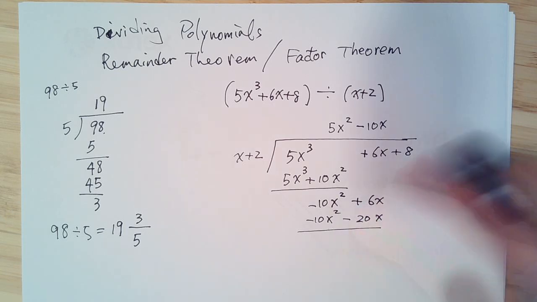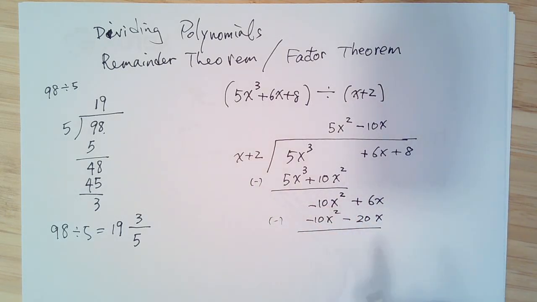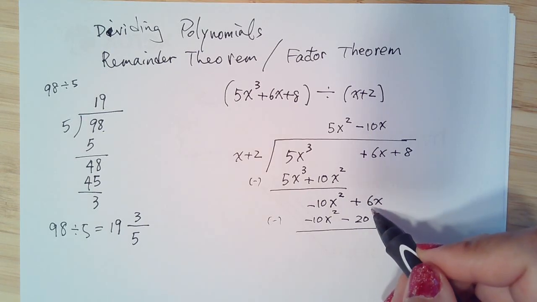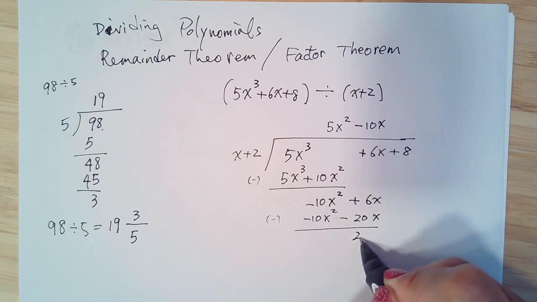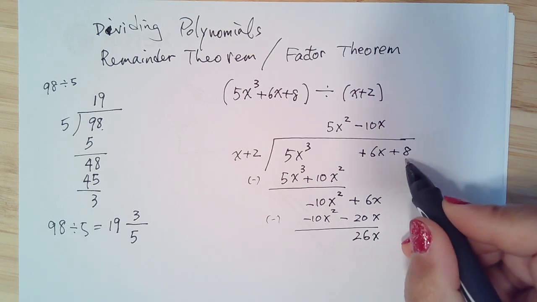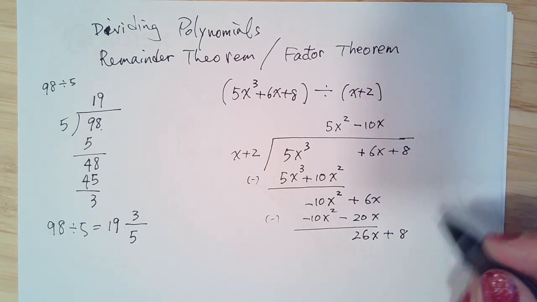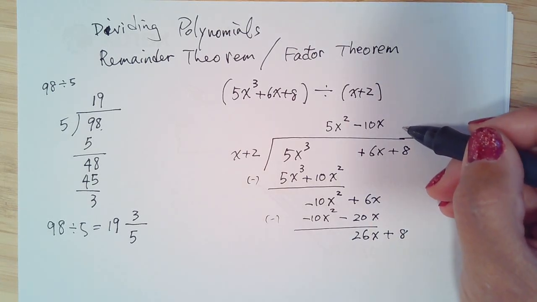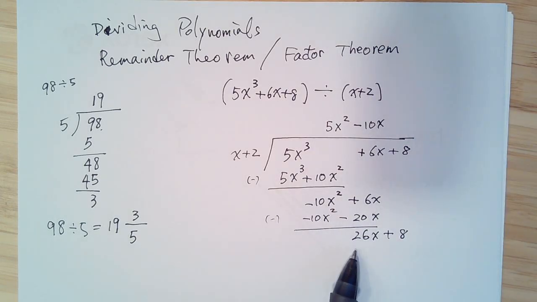All right. And then I do minus. This minus that is gone. Here, I just put here to show what I'm doing. I do minus. And this 6x minus negative 20x means a plus 20x. So I get a 26x. And then I drop down the next term, 8. Now the last thing, I need to find something here, multiply by x to get a 26x.